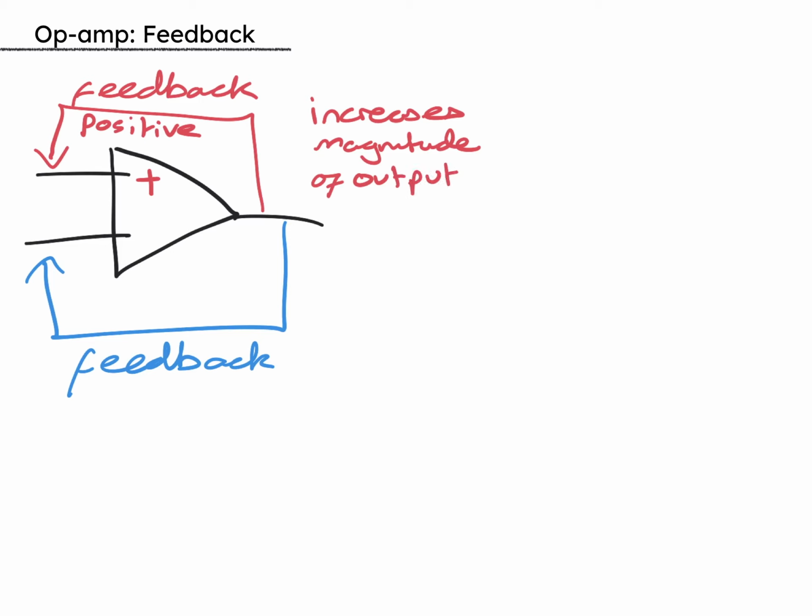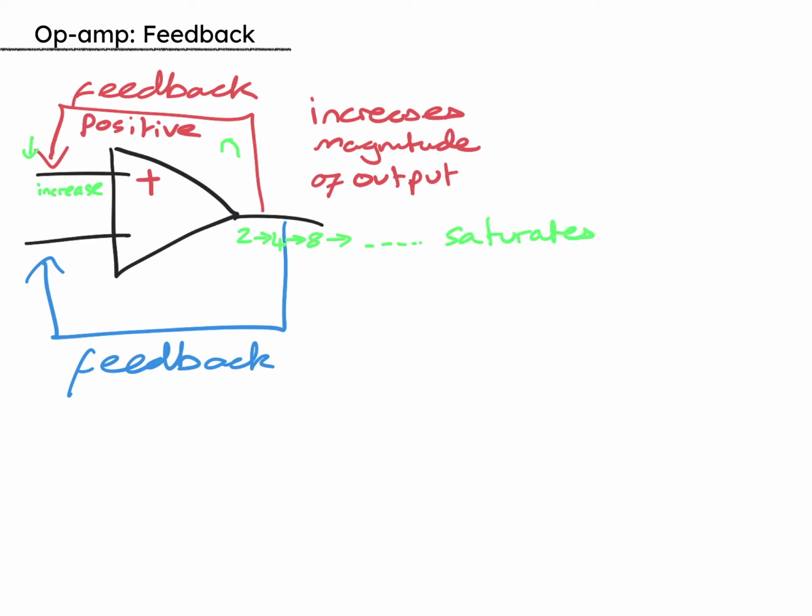If the output was 2 volts, the positive feedback might cause the output to increase to 4 volts. Now the output is 4 volts, so the positive feedback will be bigger and make the output 8 volts. Now the output is 8 volts and so on and so on. Okay, so it's just going to keep getting bigger.